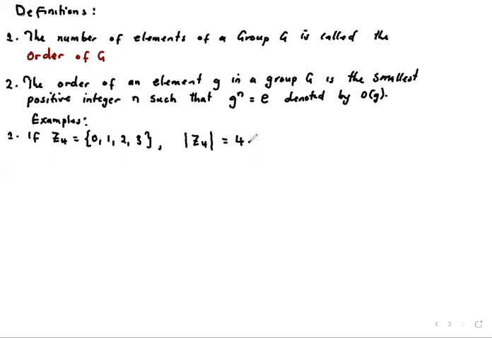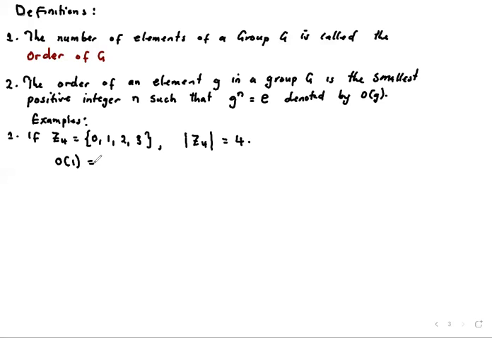Okay, so what is the order of 1 in here? To get the order of an element in this Z4, you ensure that you know how many times you're adding 1 to itself to get the identity, which is 0, because this is an additive group. So the identity of this group is 0. That's why there's no 4.